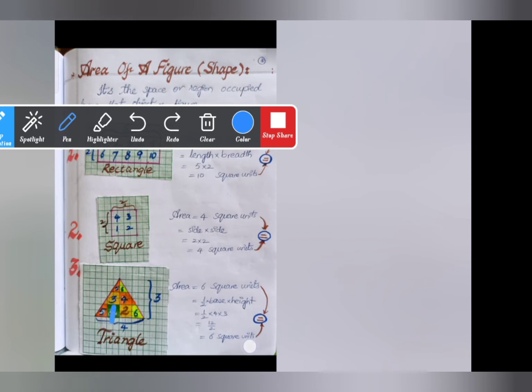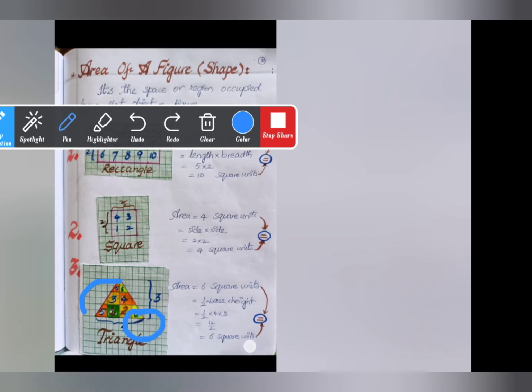See here, this is one complete square. 1, 2, 3, 4. Okay, 4 is complete. Easily we are able to count. Now here fifth one. In this fifth, this small space is left, which will be covered in this part. So thereby the fifth square will be completed. Here sixth one.